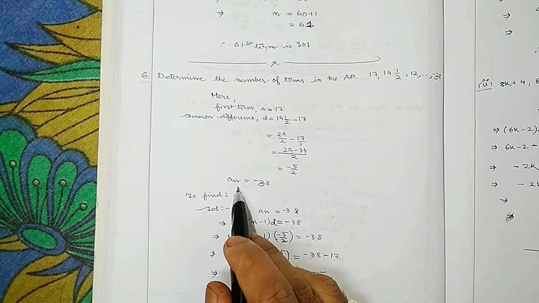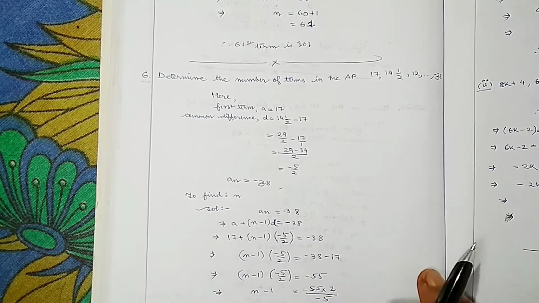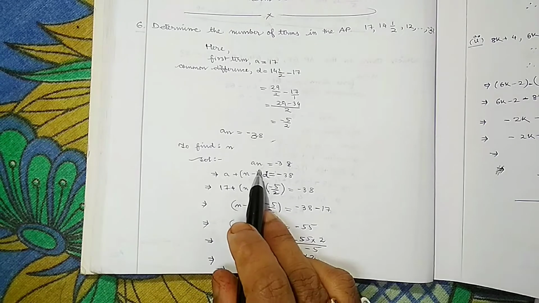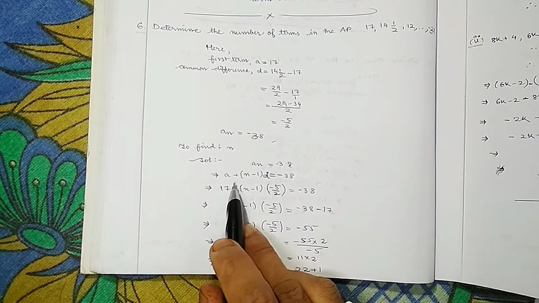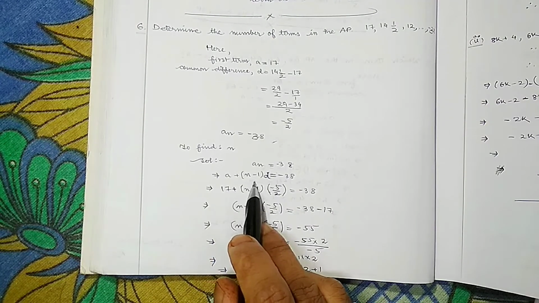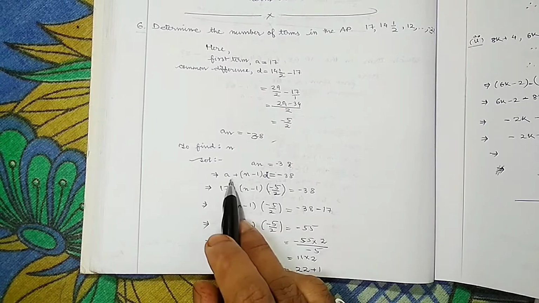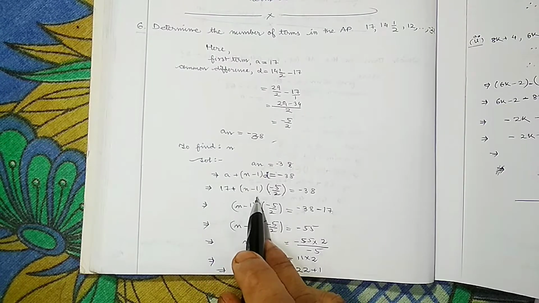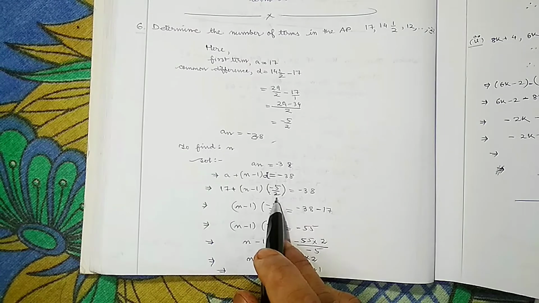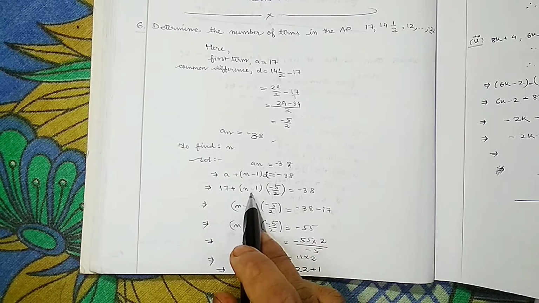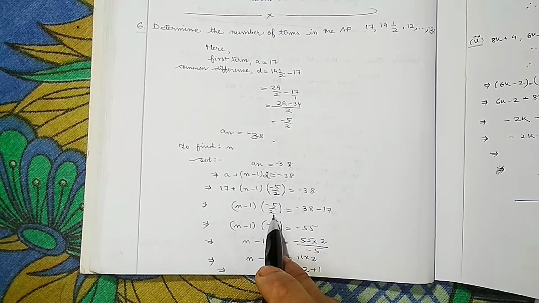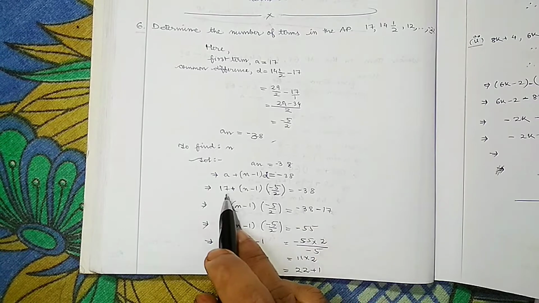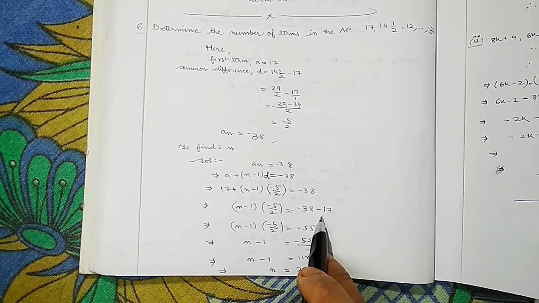Now in the question it is given nth term is minus 38. Now for this we know a_n is minus 38. So a plus n minus 1 into d is minus 38. A is 17 plus n minus 1, d is minus 5 by 2, equal to minus 38. Now (n minus 1) into minus 5 by 2 equals minus 38, and 17 we have transferred, it will be minus 17.